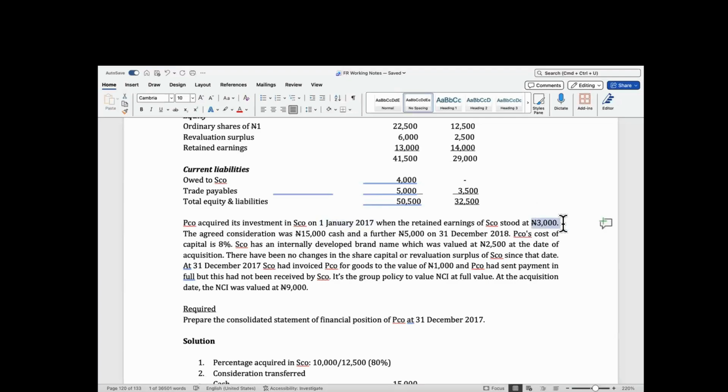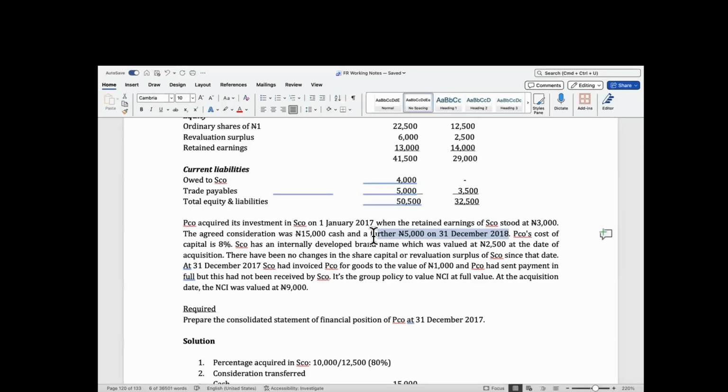So this is the pre-acquisition retained earnings that will be cancelled out. The agreed consideration was 15,000 and a further 5,000 on December 31st, 2018. So this will be a deferred consideration as the value is not dependent on any condition.